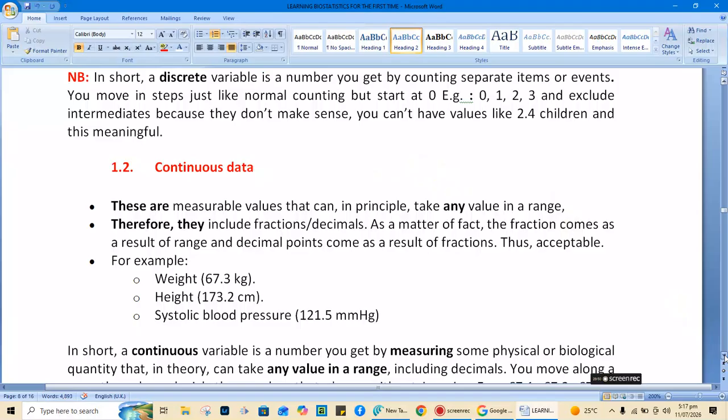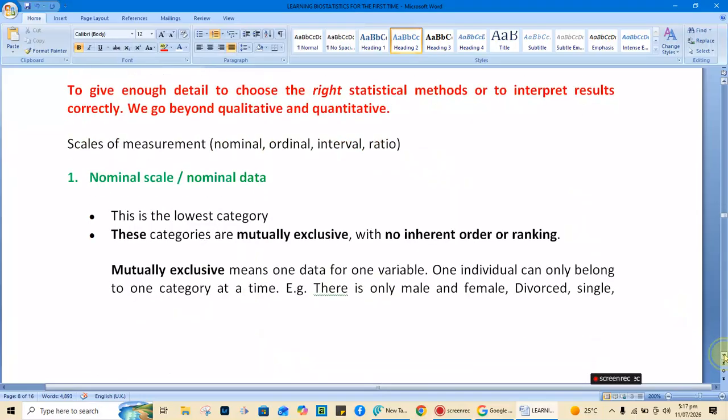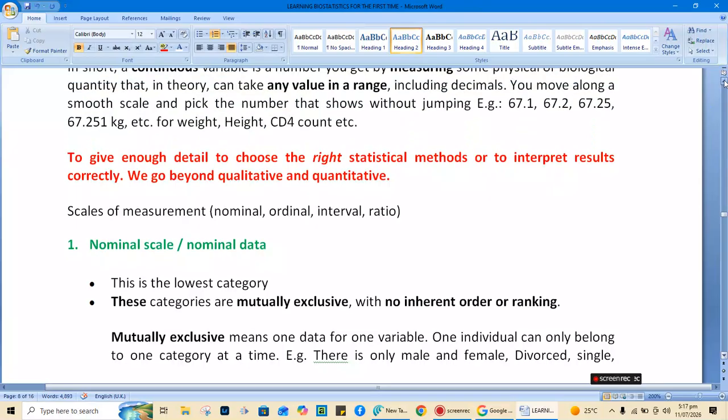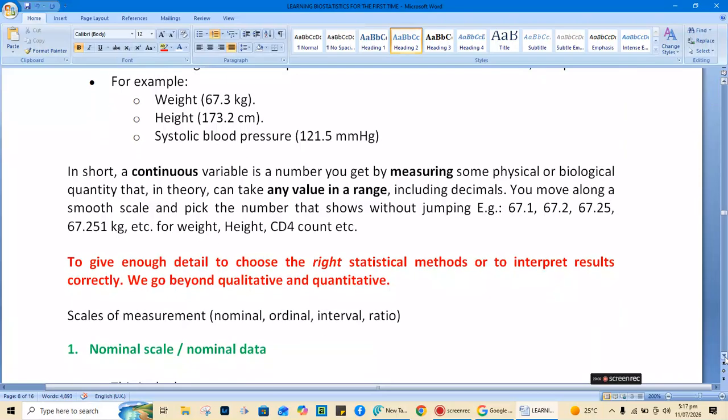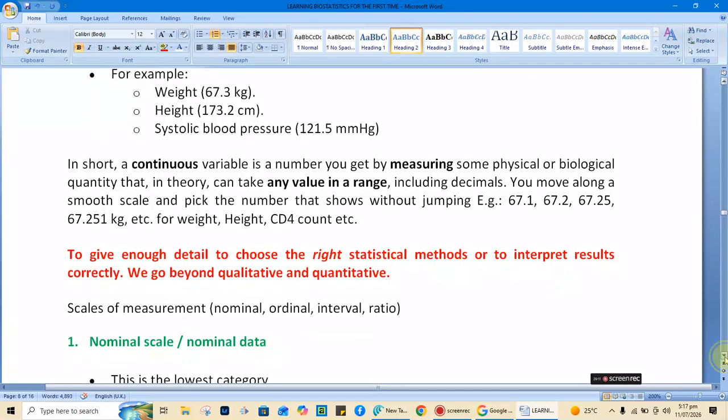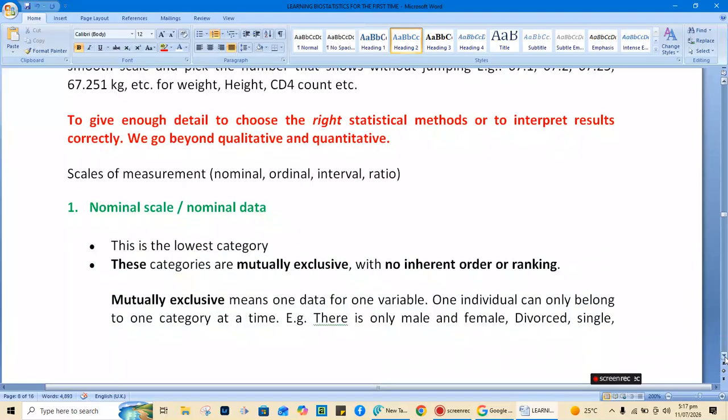It's continuous data. Now, to give yourself a little more detail on what statistical methods you are going to use, or how you are going to interpret your results, you have to go beyond qualitative and quantitative data. Qualitative data is non-numerical data used to describe categories and distributions.